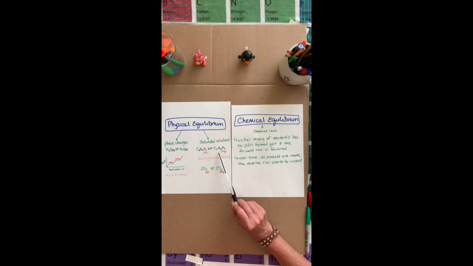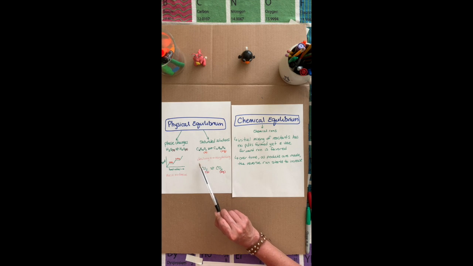As it is dissolving in water, it's an aqueous solution. That is the forward reaction. At equilibrium, the reverse reaction, that recrystallization, occurs at the same rate. So dissolving and recrystallization occurs at the same rate.